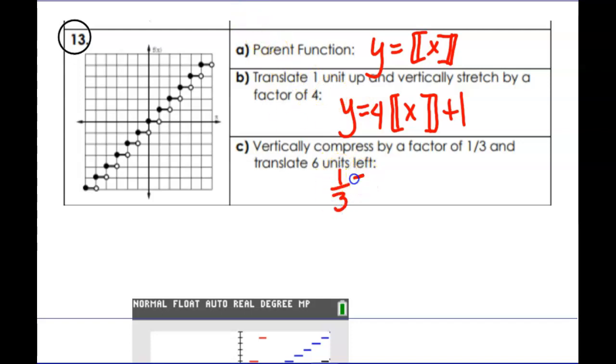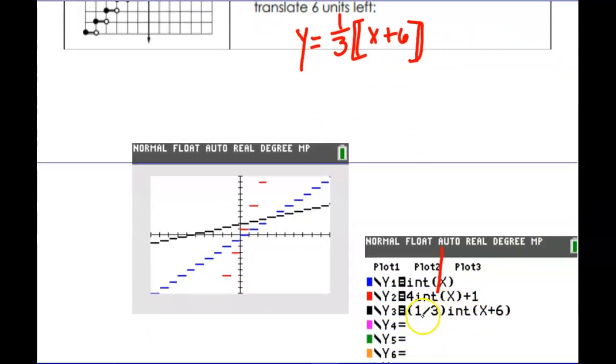So that would be a 1/3 out here. And oops, how do we do left 6? +6 inside. So 1/3 on the outside and a +6 on the inside. Everybody see what I got down there?